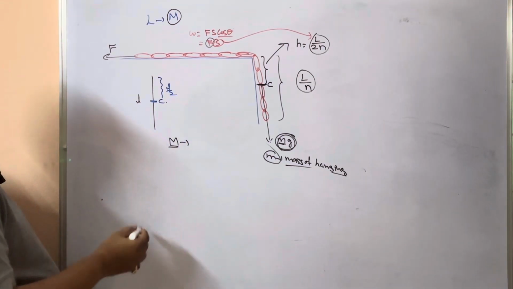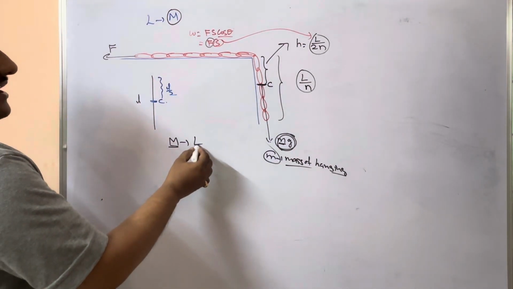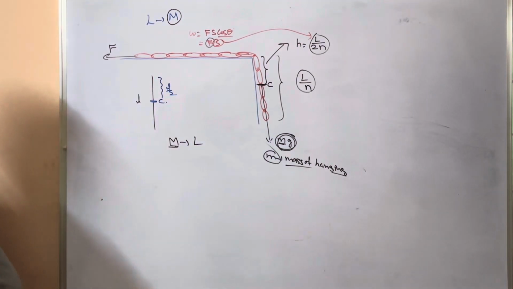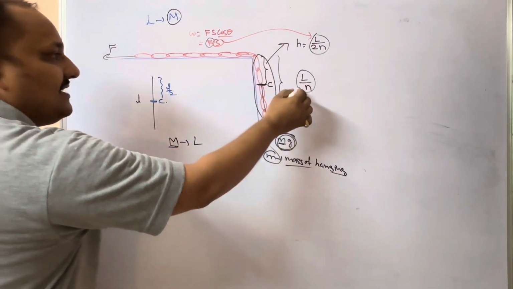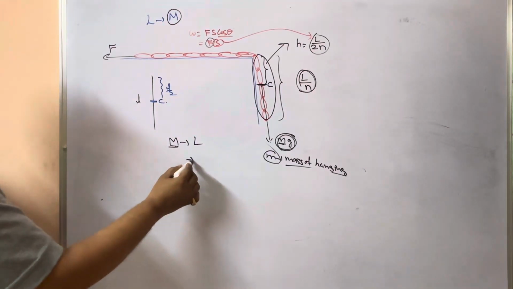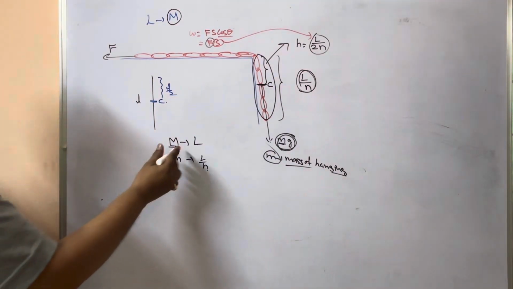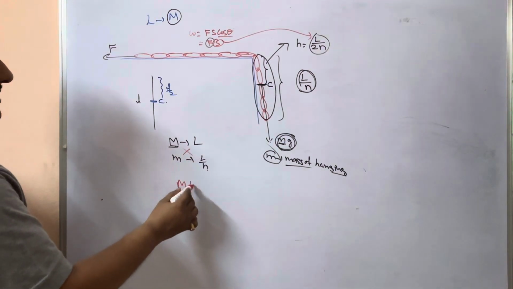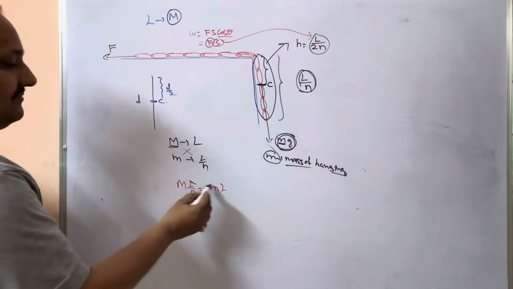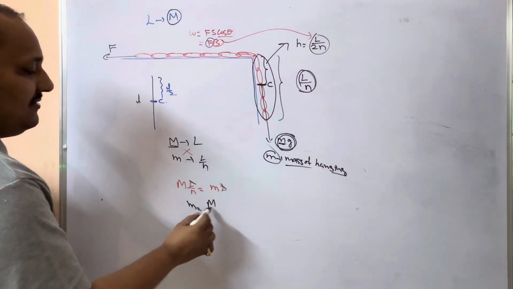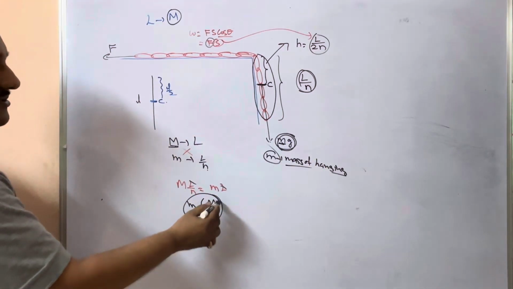For total length L of the chain, mass is capital M. We are calculating the mass of L by n length. So if you cross multiply, M into L by n is equal to m L. If you cancel, small m equals M by n.